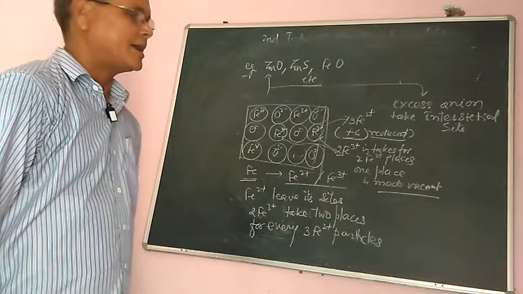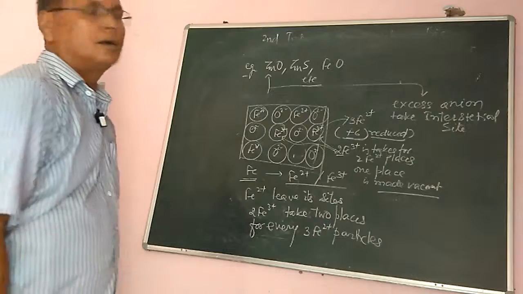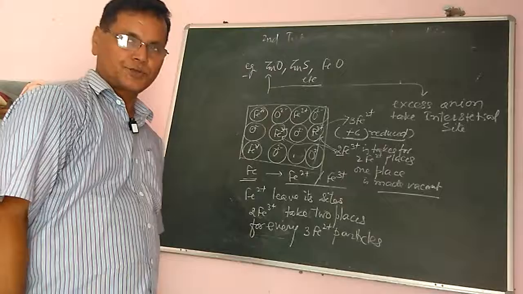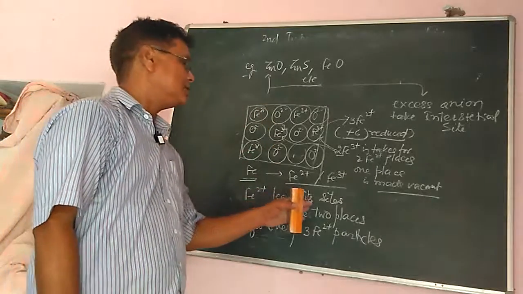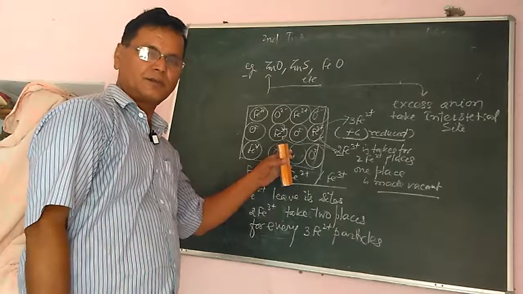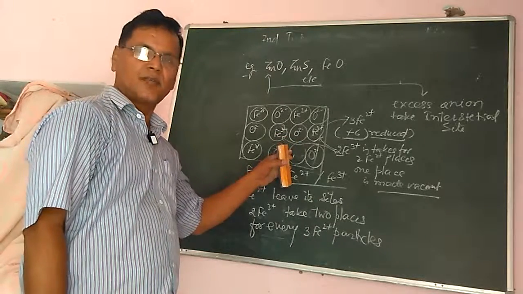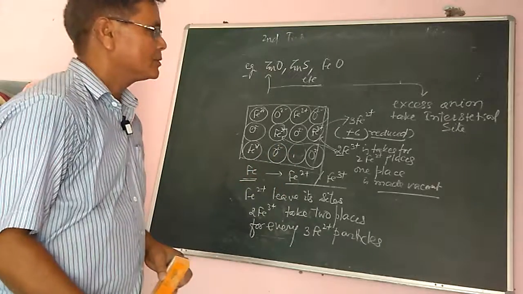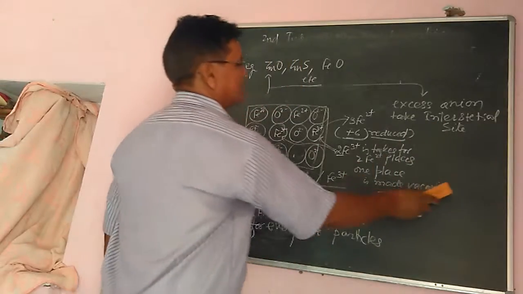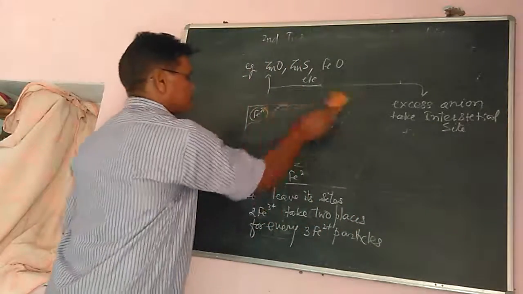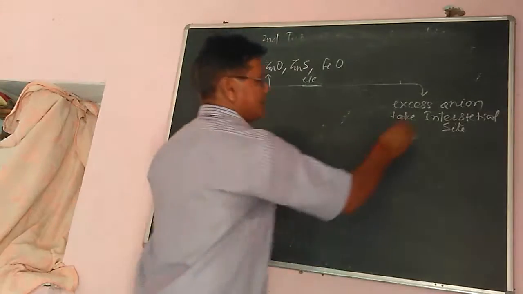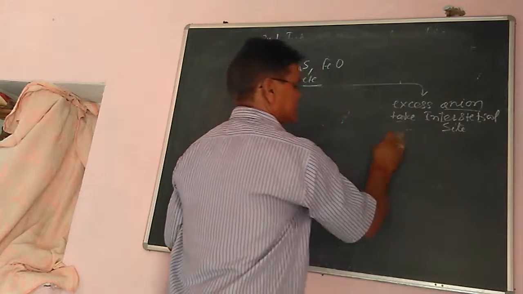So this type of defect is called the non-metal excess defect, and in this case the number of anions is in excess. Now, excess anions take the interstitial site.